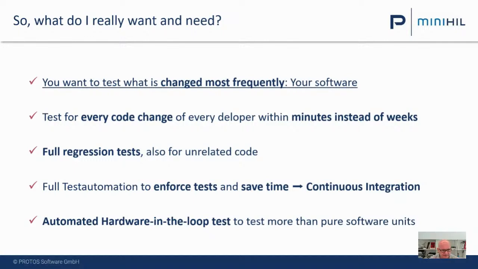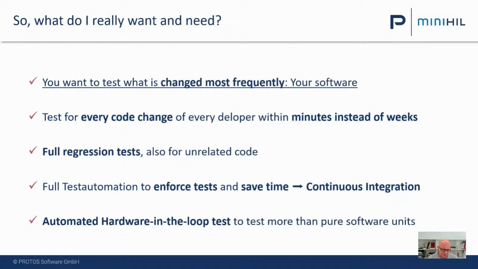So the next thing you want to have is continuous integration for full test automation to enforce tests. So you do not get around the tests. No developer gets around those tests. And he even saves time because he doesn't have to execute the tests. It's done automatically. So that's continuous integration.